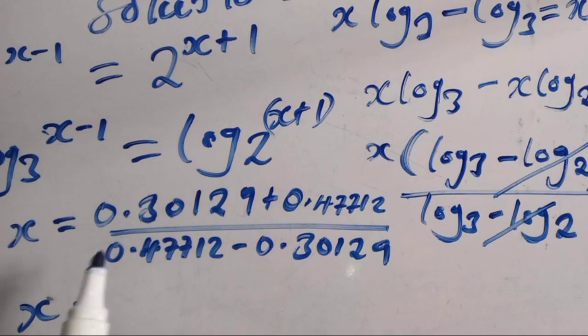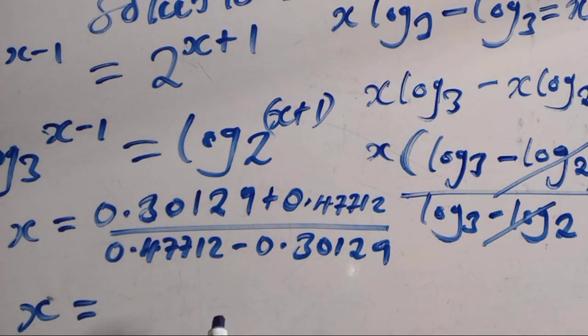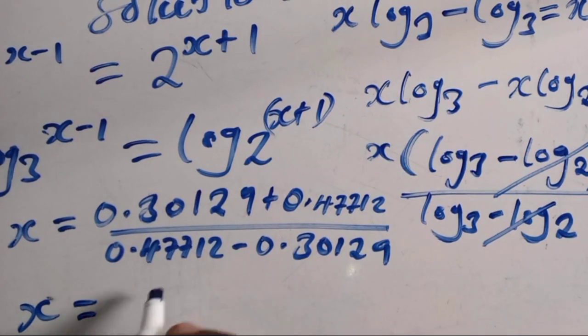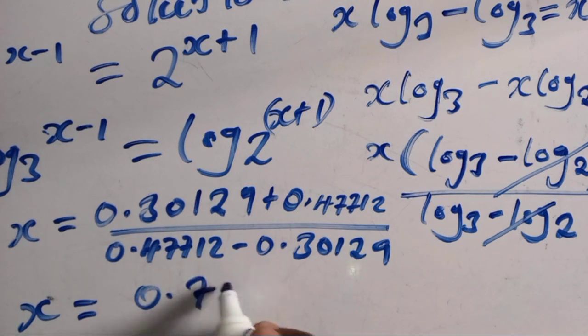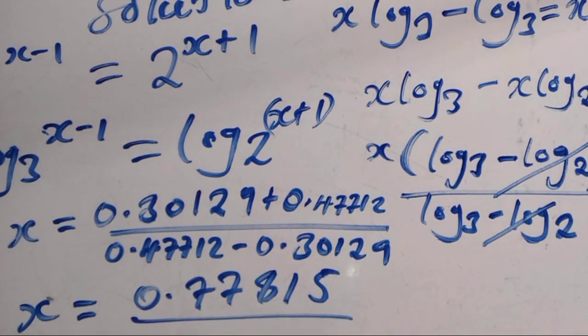when you add 0.30129 plus 0.47712, the value which we are going to get is 0.77815 divided by, if you subtract 0.47712 minus 0.30129, the value which we are going to get is 0.17609.